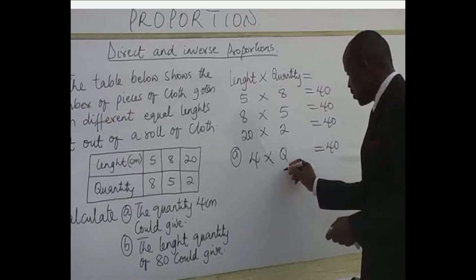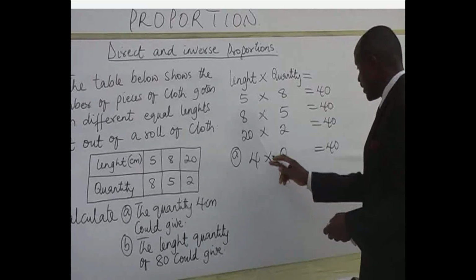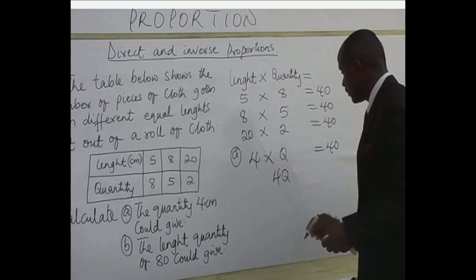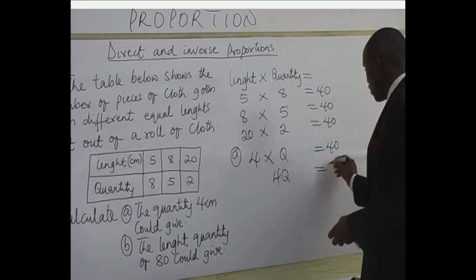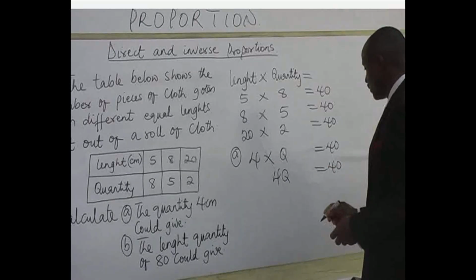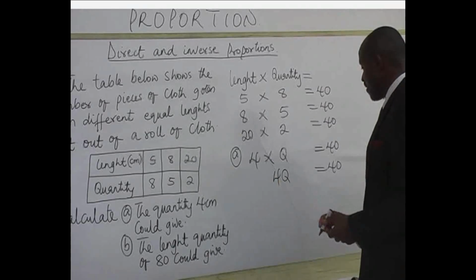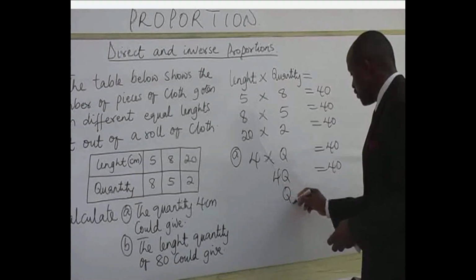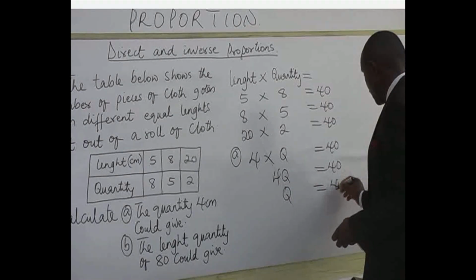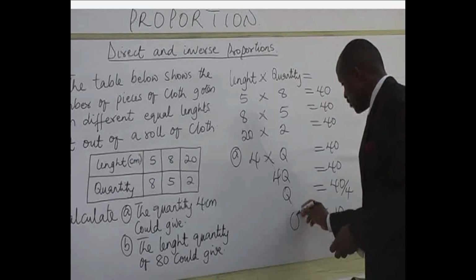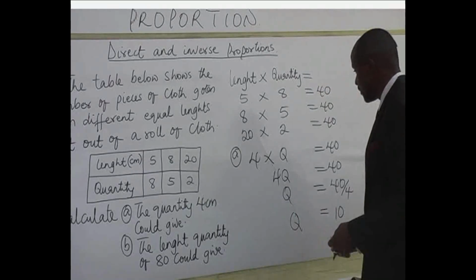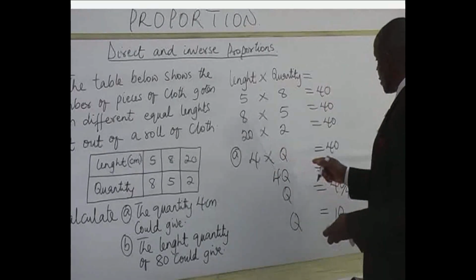If you multiply 4 and Q, you get 4Q is equal to 40. Divide both sides by 4. You will be left with only Q. You have 40 divided by 4, which is 10, and that becomes the quantity you can cut from a length of 4 centimeters.